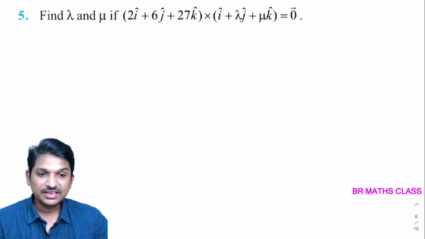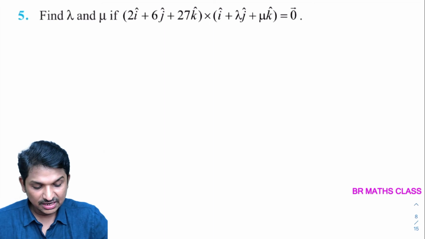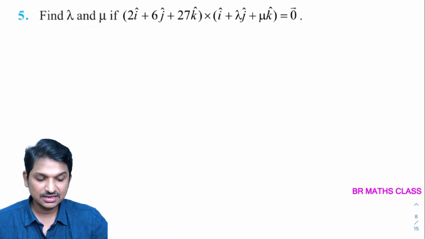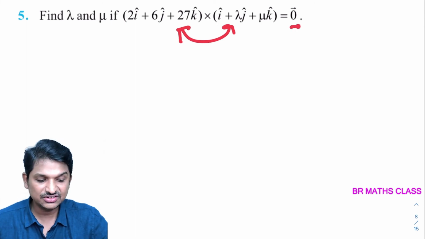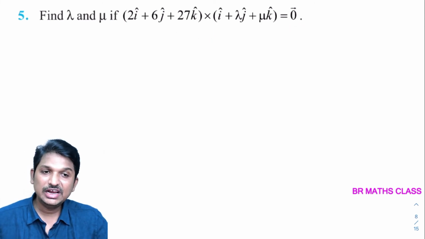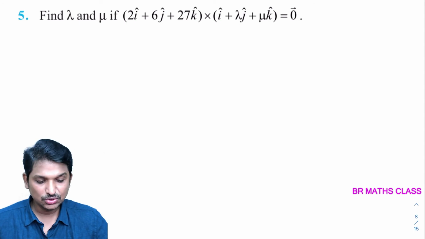This is somewhat easy, right? Here, find lambda and mu such that the cross product of these two vectors is 0 bar. We learned 14 formulas related to the cross product.